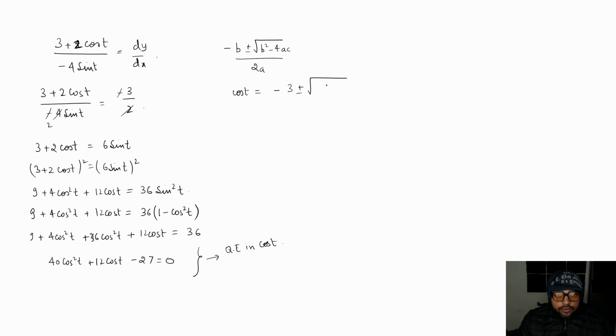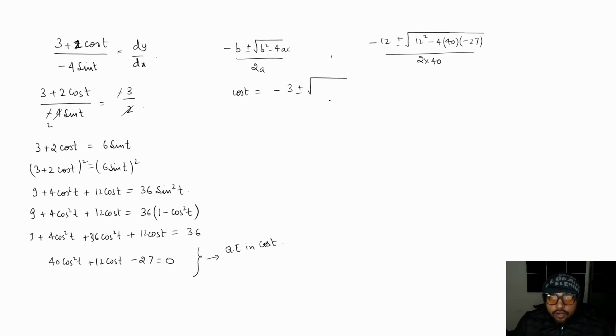So b here is 12. I'll be plugging the values in first, then you will be able to get what I'm doing. Negative b plus or minus the square root of b square, which is 12 square, minus 4 cross 40 cross negative 27, upon 2a, 2 cross 40.